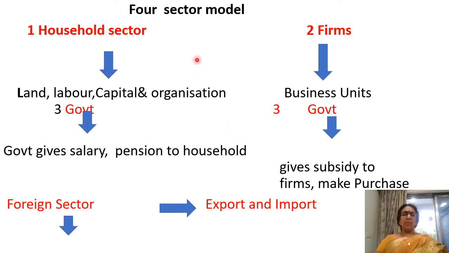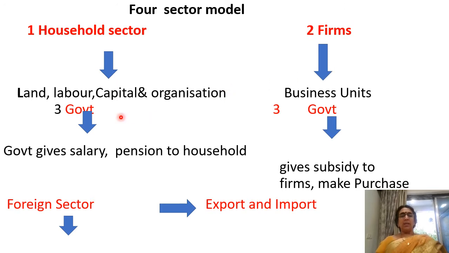This is the 4-sector model. Here you are aware that there are some students who might not have listened to the earlier models. So that's why we are starting here. The first sector is household sector, who are the owners of factor of production, that is land, labor, capital and organization. Second sector is the firm, who are the owners of business unit.